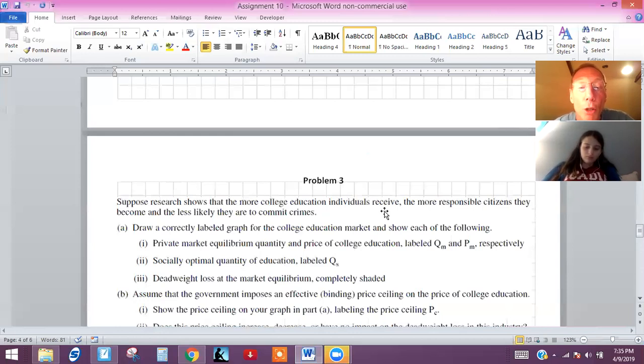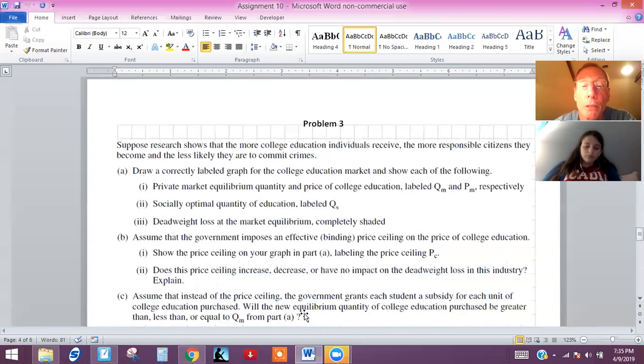So we're going to draw this as a higher marginal social benefit curve. And we're going to label the socially optimum quantity where marginal social benefit equals marginal private cost as QS. And we're going to shade in the deadweight loss. So let's stop right there and do that, okay?